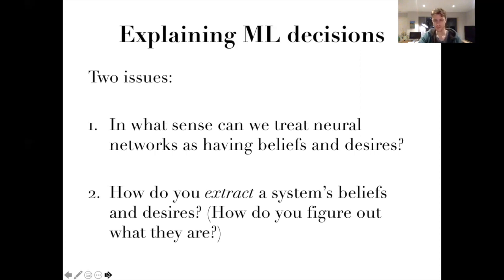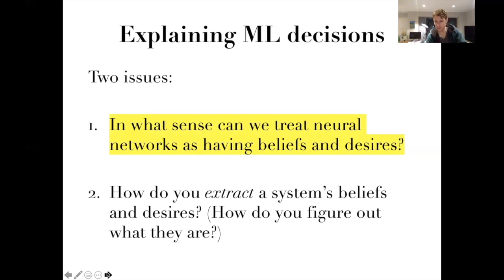Now, on that first issue, I won't go into the details, but I will note that I use the philosopher Daniel Dennett's intentional systems theory to get that project off the ground. The idea in Dennett's theory is that if you can successfully predict a system's behavior on the assumption that it has beliefs and desires, then you can simply say it has those beliefs and desires.